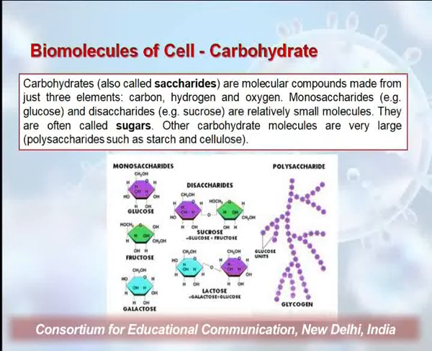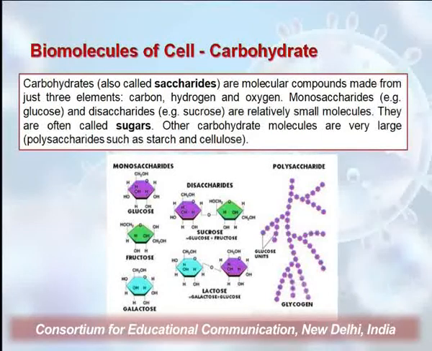The saccharides have been broadly classified into various categories: the monosaccharide, the disaccharide and the polysaccharide. A monosaccharide is where only one sugar is present, which is basically glucose, fructose, galactose.